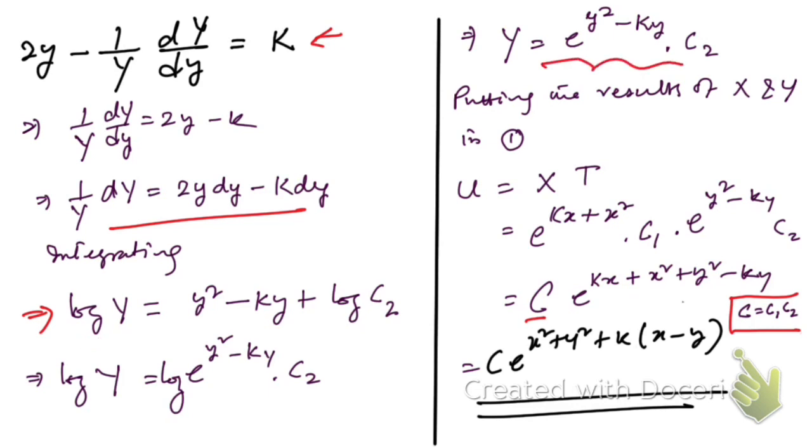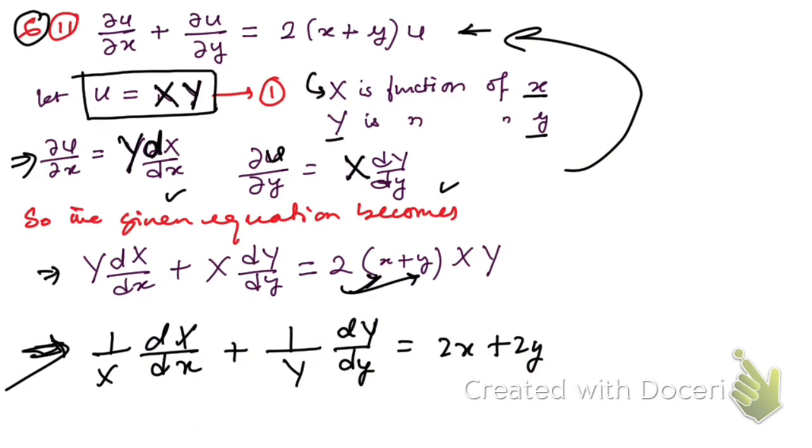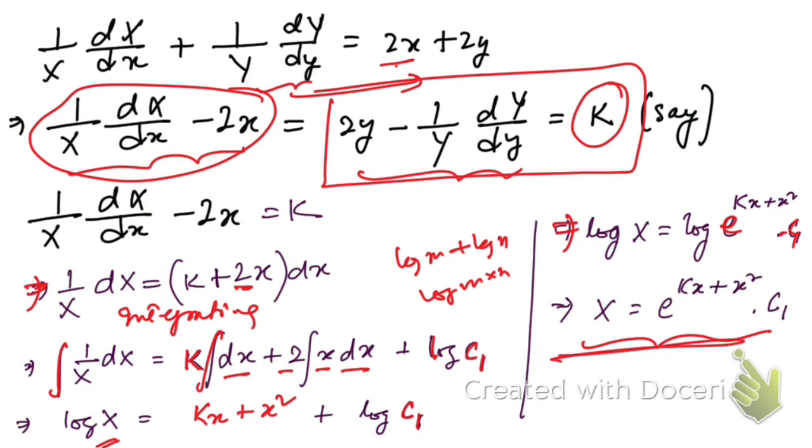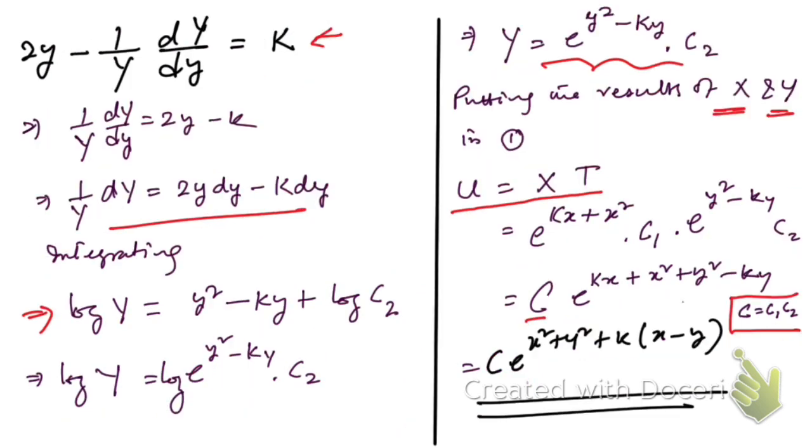So now putting the results of capital X and capital Y in equation number 1. Here you see, I have given this as equation number 1, so we have to put here x and y. We have got this is x and this is y, and using those two we have got this result, right?